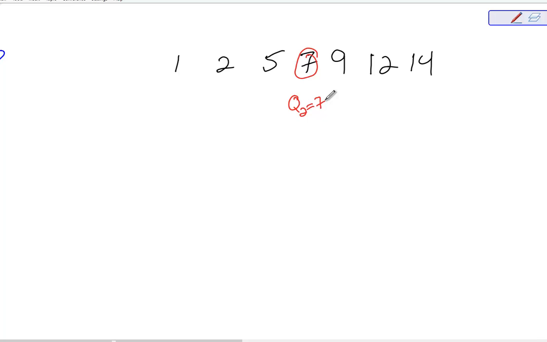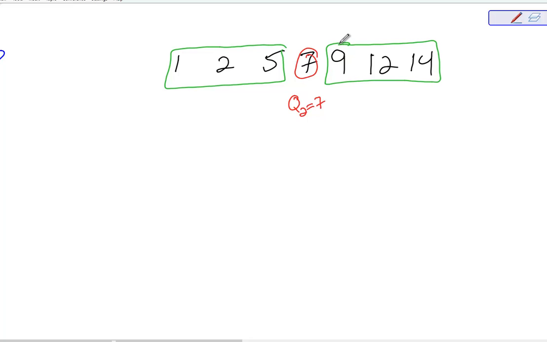Since my median, my Q2, is actually a number in the data set, when I go to find Q1 and Q3, I no longer use this number. It is like it is gone. I use the numbers below that, or the numbers above that.